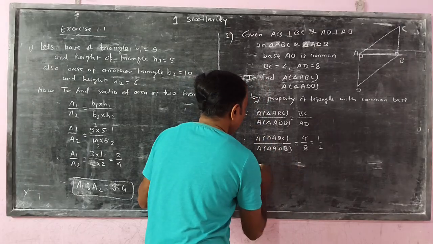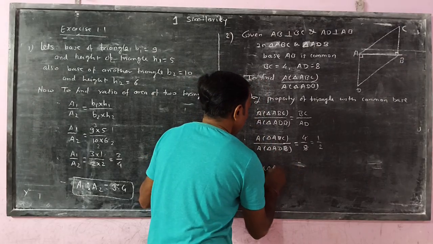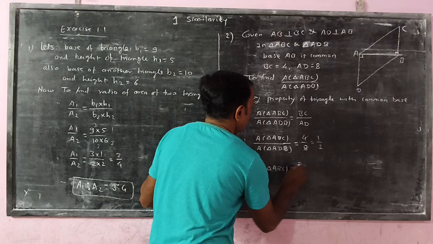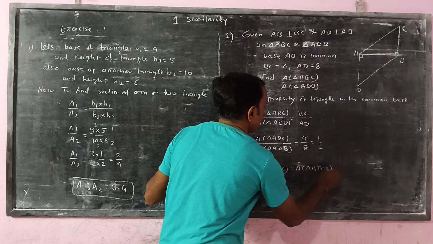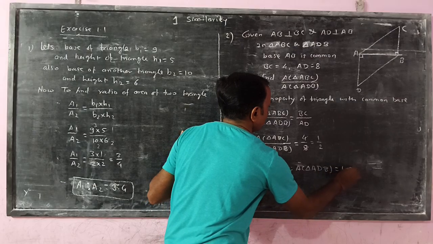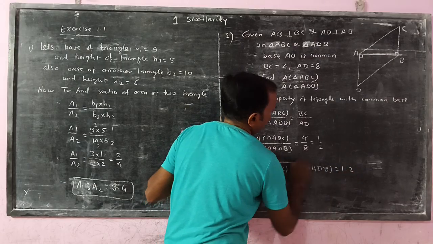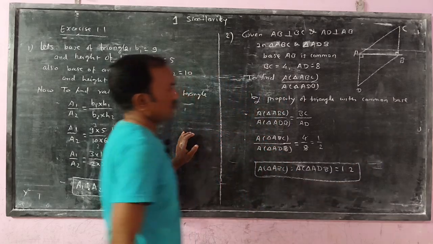The ratio of the area of triangle ABC to the area of triangle ADB equals 1 is to 2. This is the final answer of the given question.